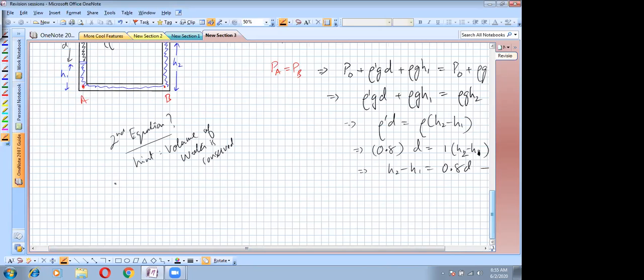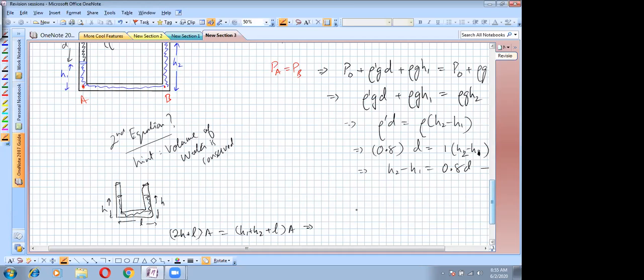So what is happening is, in the first case, if the height of water on either side was h, and let's say this length was L, so volume of water was (2h plus L) into some area of cross section. In the second case, instead of 2h, you have h1 plus h2 into area.